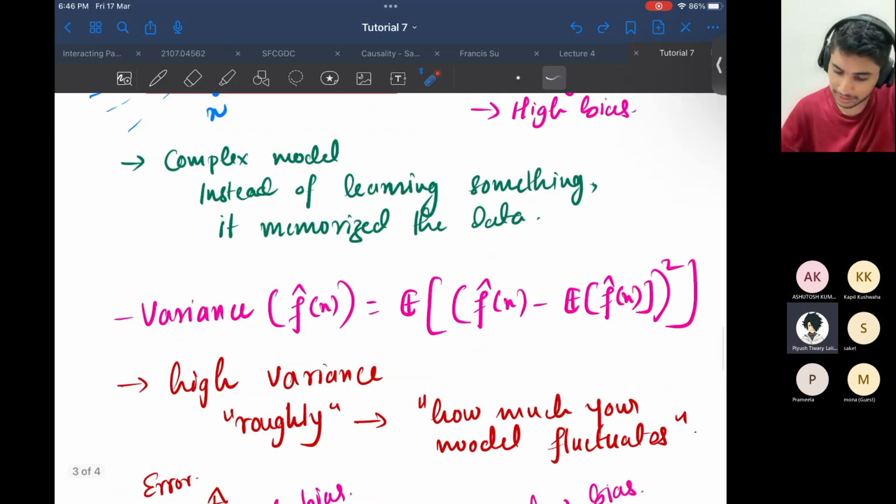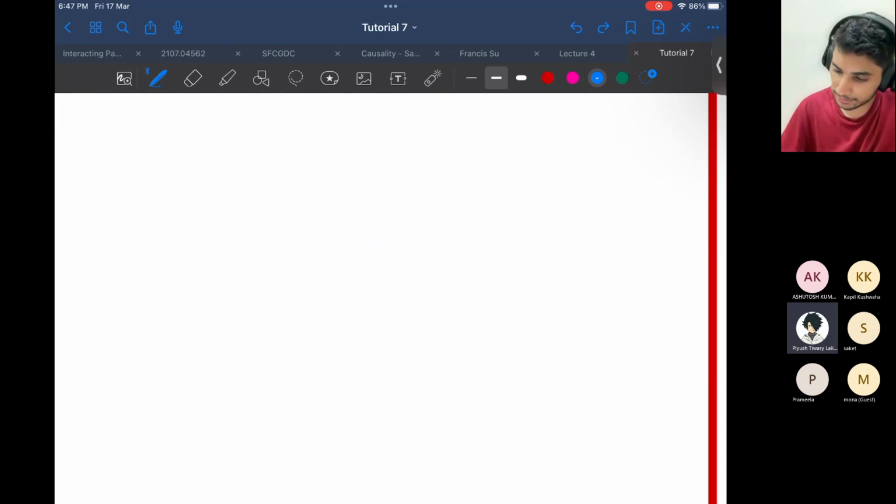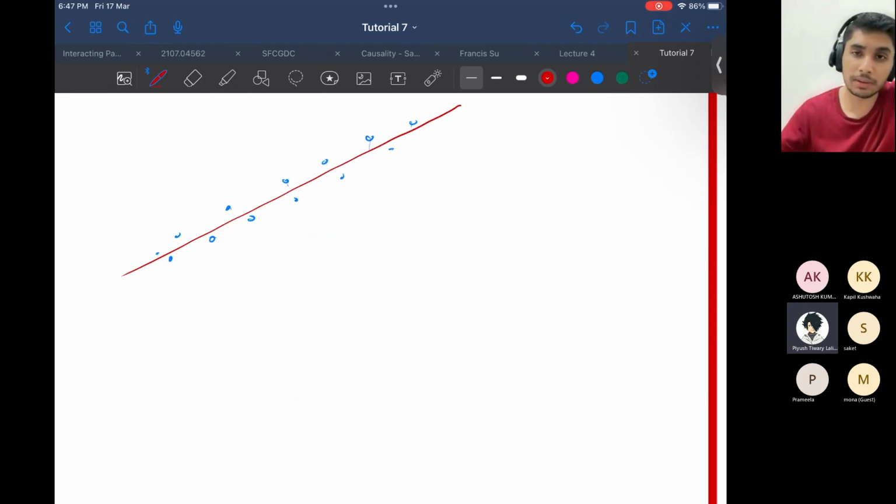So let us say this is your new data. Now you say that I am going to use a simple model again, which is your linear model.